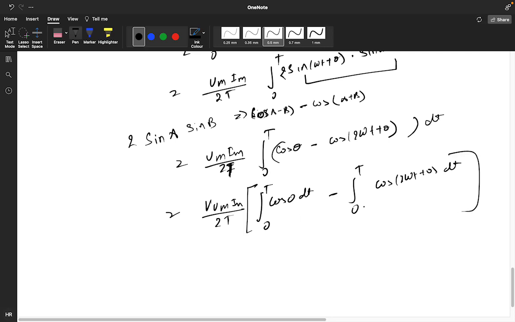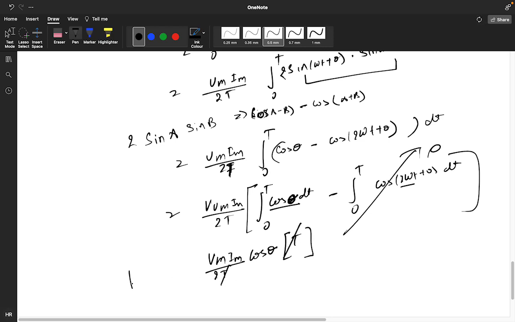This is the trigonometric function, so its average value is 0, but the cos theta is a constant value. It's theta, not omega t. So you will get Vm Im by 2T into cos theta, and it will be T, so this will get cancelled out. So P average you are getting as Vm into Im by 2 into cos theta.